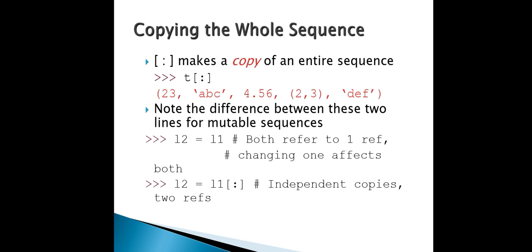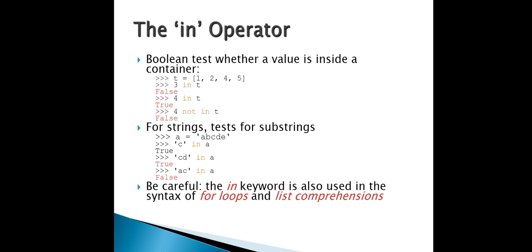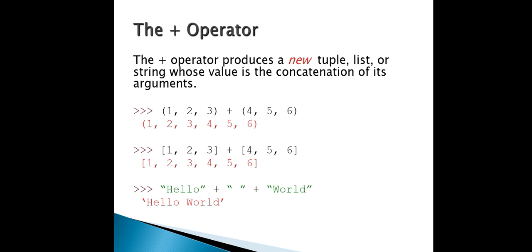Copying the whole sequence. The in operator in Python is a Boolean test of whether a value is inside a container. For a string, it tests for substrings. Be careful, the in keyword is also used in the syntax of for loops and list comprehensions.